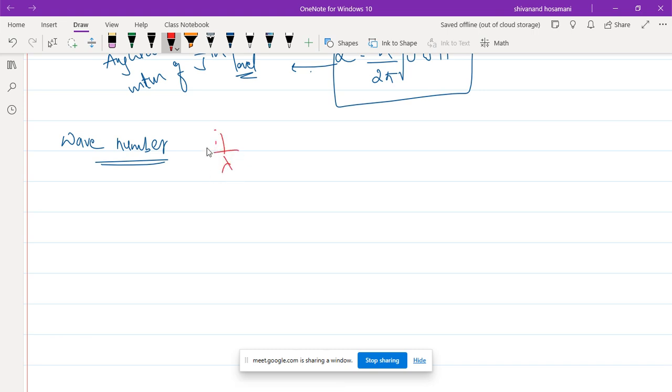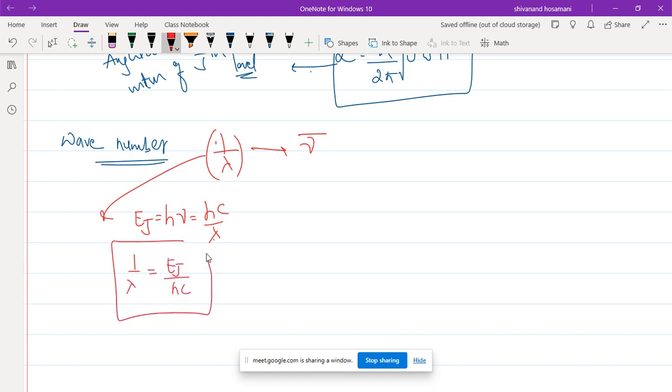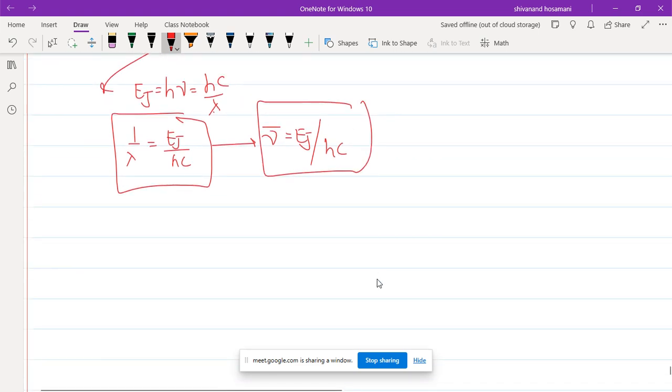From this equation, the energy of the Jth level is h nu, which I can define as hc divided by lambda. So 1 by lambda is equal to EJ divided by hc. This is nothing but the wave number, nu bar, which we can write as EJ divided by hc. Is it clear?